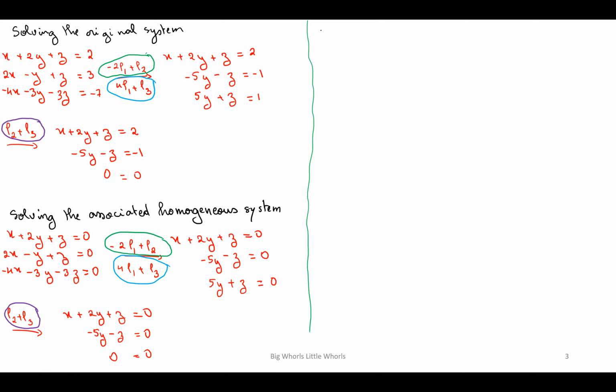So note that the reduction steps for the two systems, that means, I mean, the original and the associated homogeneous one.